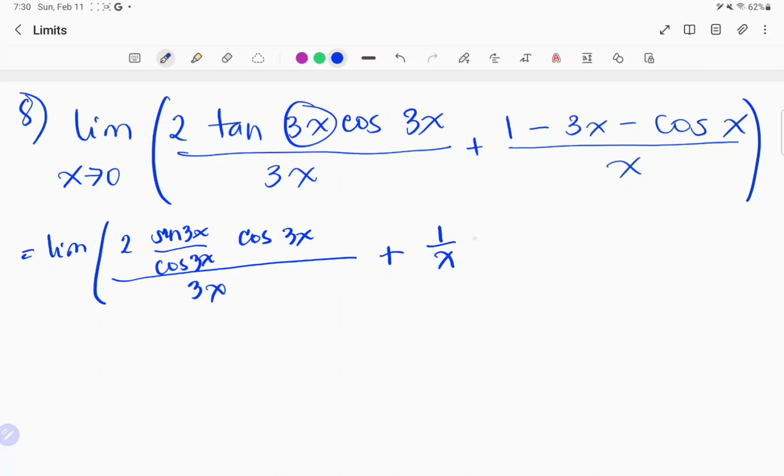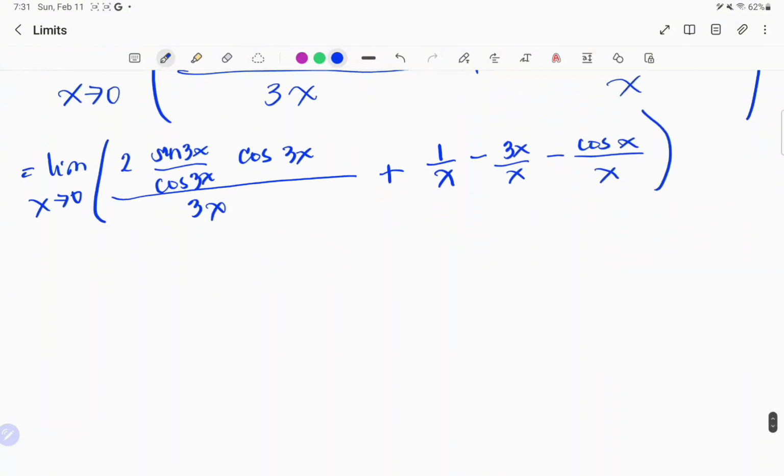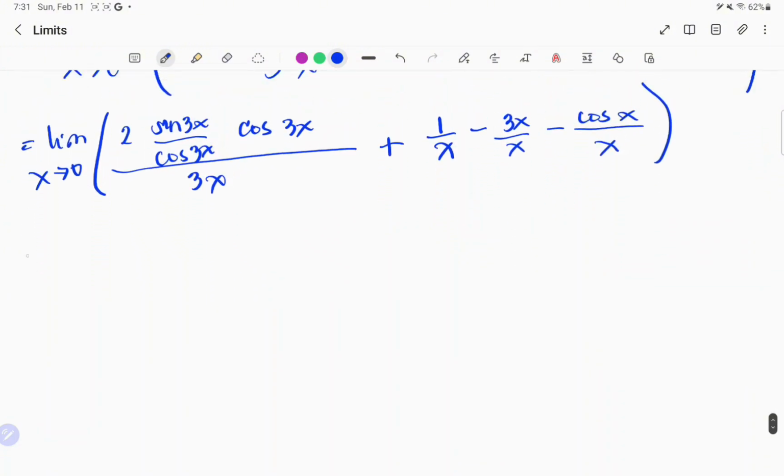1 over x minus 3x over x minus cosine x over x as x approaches 0. Now, to continue this solution, let's focus first on this first term, the trigonometric term here. So we have the limit as x approaches 0 of the function.